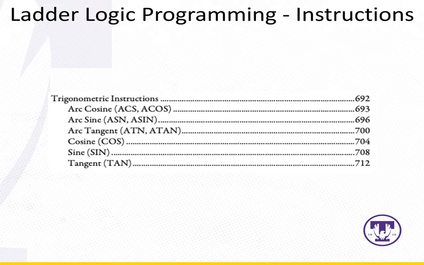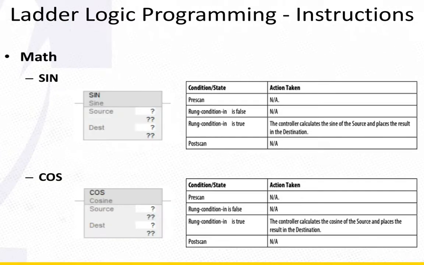So let's look at cosine and sine, just to make sure we understand how these work. The sine instruction is very similar to the math instructions that we looked at previously because we have to have a destination. This must be a tag name, somewhere to store the result of the sine operation. However, there's not two operands, right?